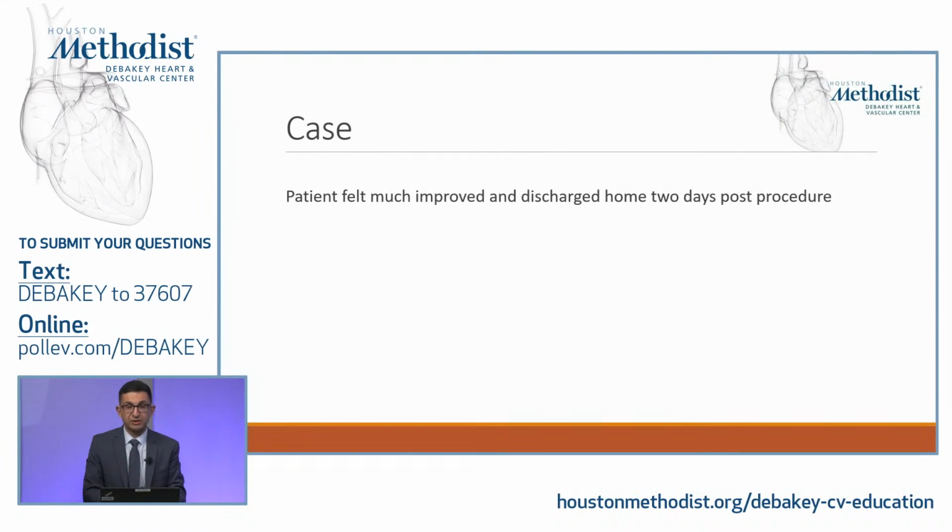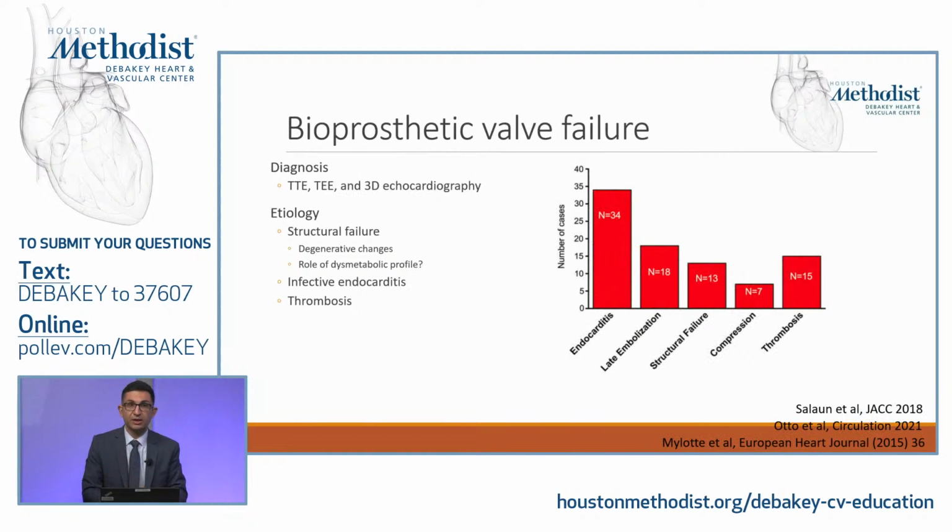I'm going to review some of the literature for bioprosthesis valve failure and valve-in-valve data for tricuspid. Bioprosthesis valve failure diagnosis is based mostly on echocardiogram, especially TE and 3D.